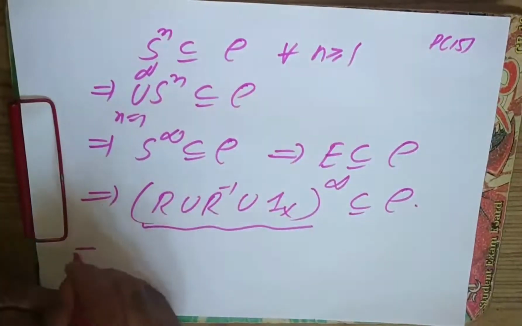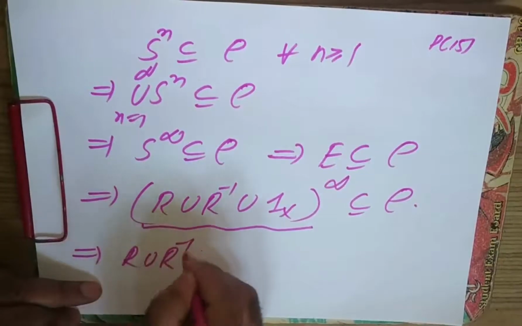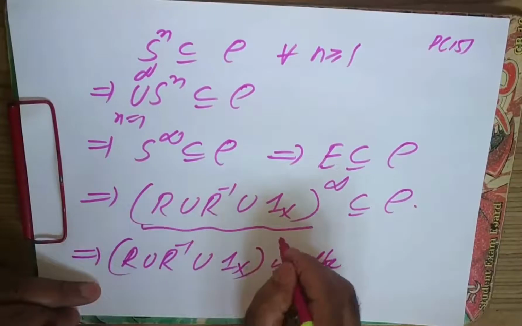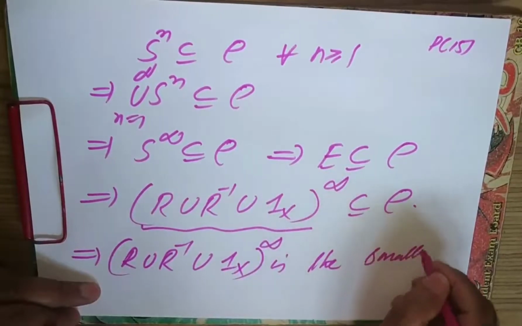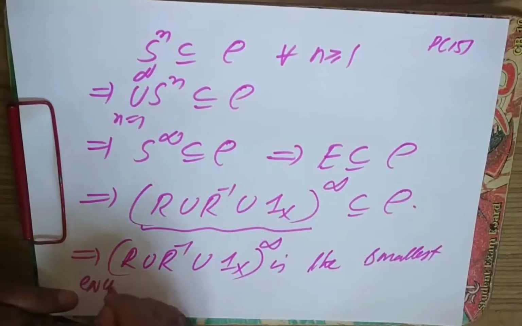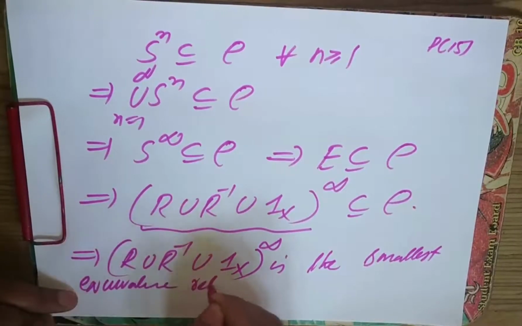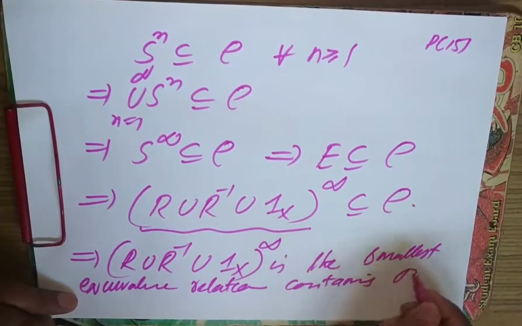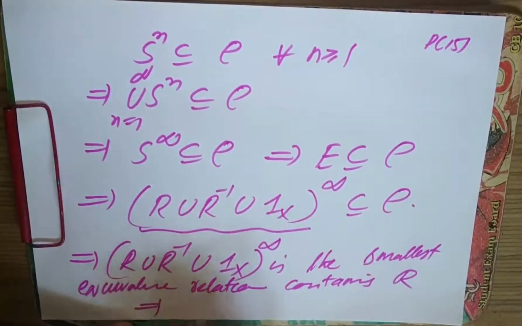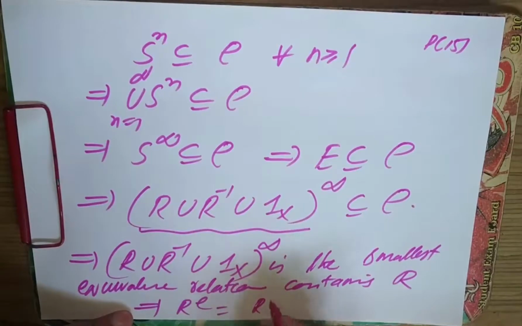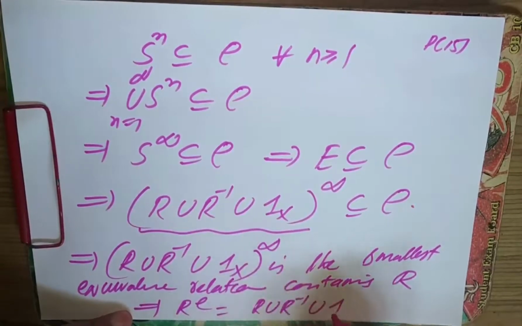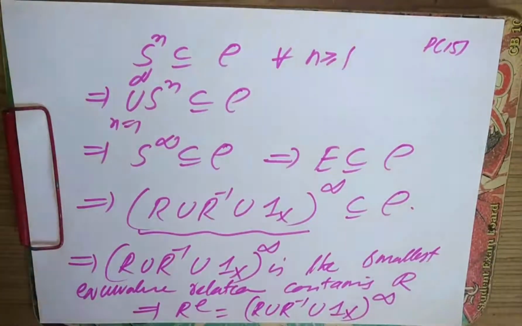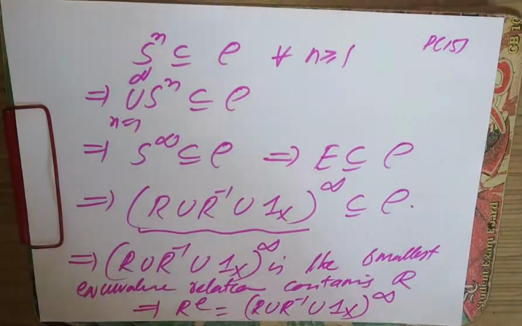Which implies R union R inverse union Ix to the power infinity is the smallest equivalence relation containing R. So RE is equal to R union R inverse union Ix to the power infinity. So that proves this proposition.